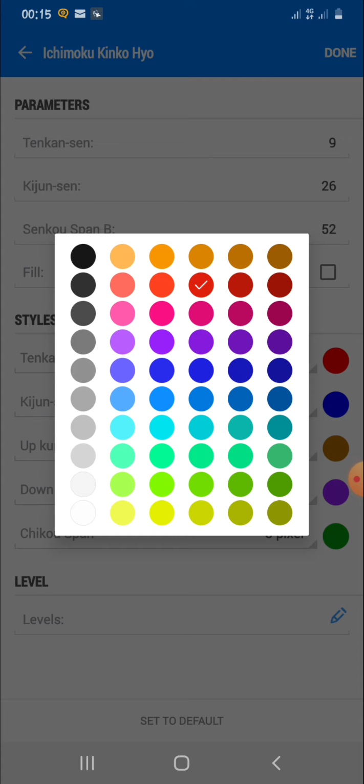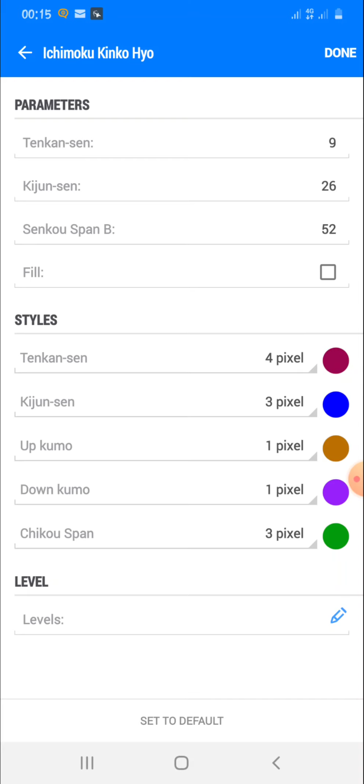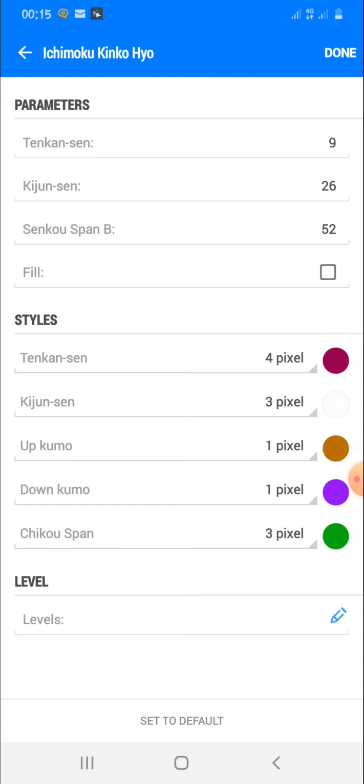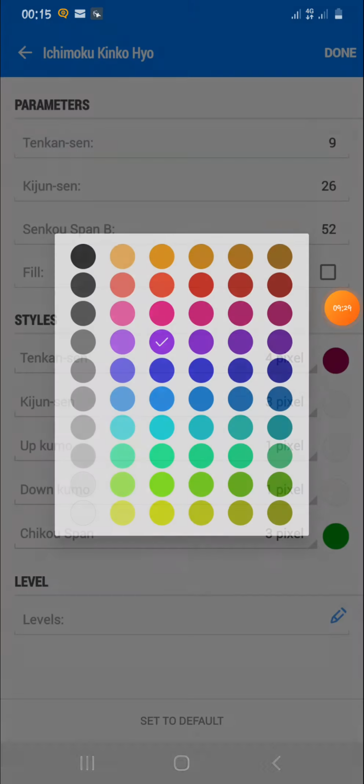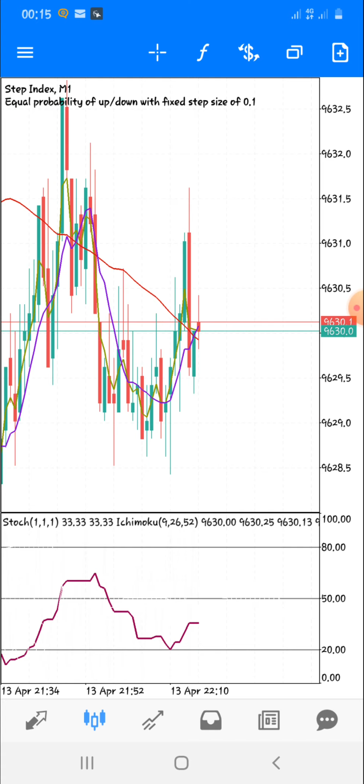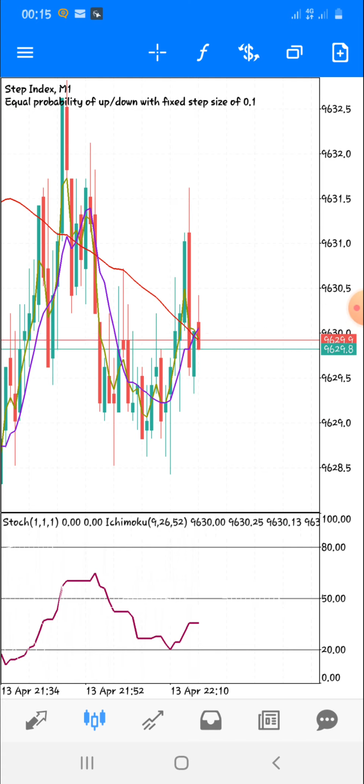No, let's make it maroon. Then we will make the other colors invisible, meaning that they won't appear on the chart. And let's make the lines 1 pixel, all of them. Then we click done. That's how it should look.